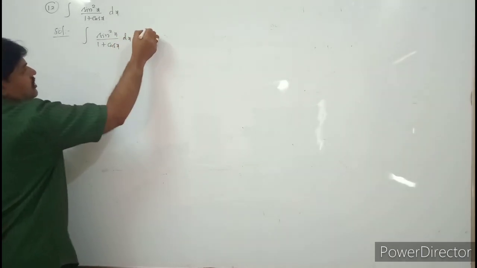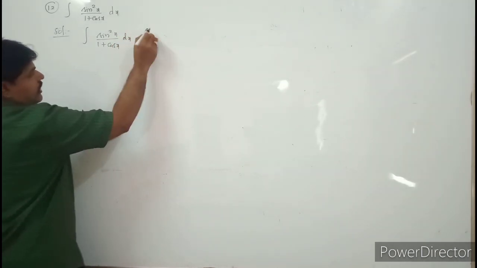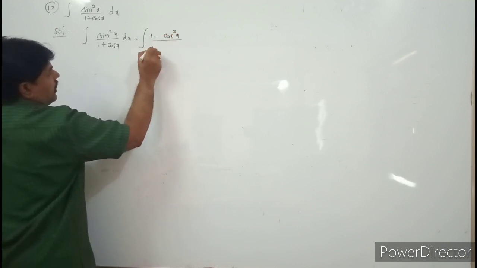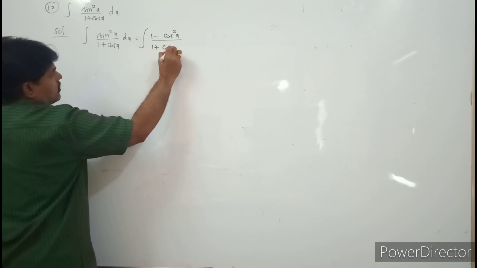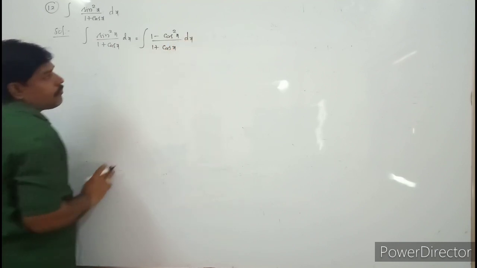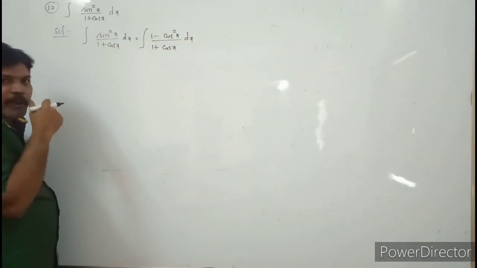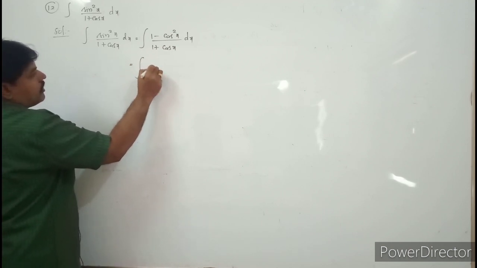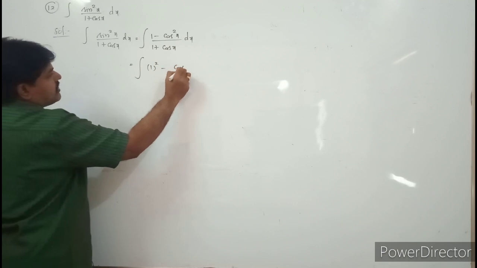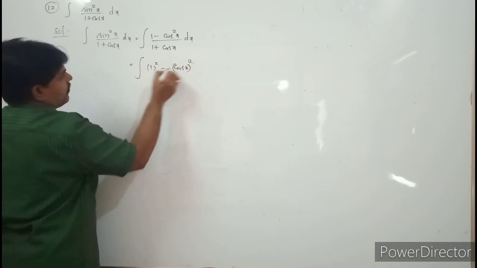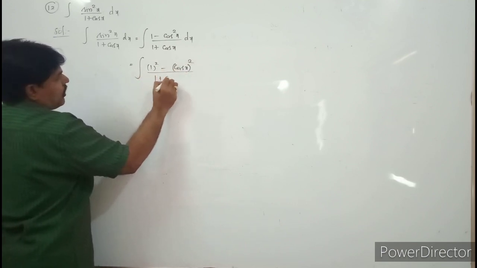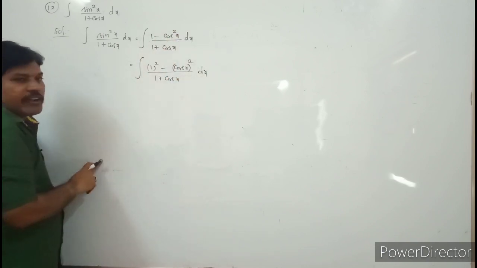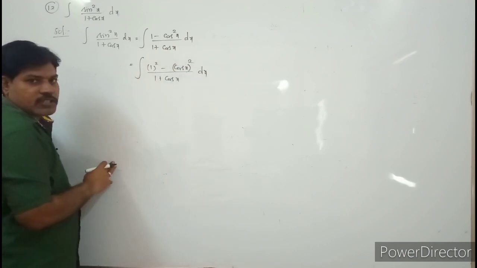So this can be written as the integral of sin^2 x, which you can write as 1 minus cos^2 x, by (1 plus cos x) dx. Yes or no? sin^2 x is 1 minus cos^2 x. So here it is in the form of a square minus b square by (1 plus cos x) dx. 1 minus cos^2 x you can write as 1 square minus (cos x) whole square.